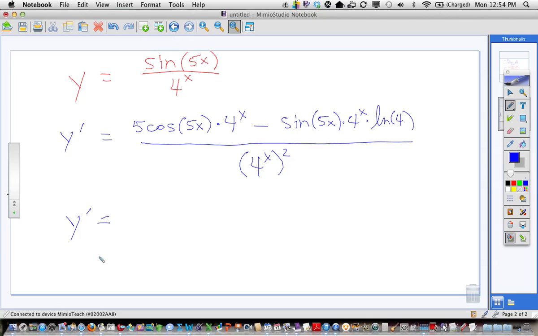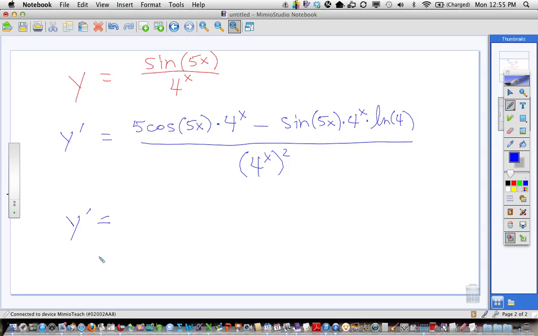Okay, so is there more I can do? Factor out a 4 to the x. Now that happens a lot with quotient rule problems that involve e to the x or 4 to the x or 2 to the x, because it's its own derivative. So when you take turns on your derivatives, when you leave it alone and when you actually do the derivative, you end up with the same thing. So both terms end up with a 4 to the x, because here we left it alone, and here when we did the derivative, it showed up again. So you end up getting it in both parts, which you can factor out and then cancel with one of those that's down there.